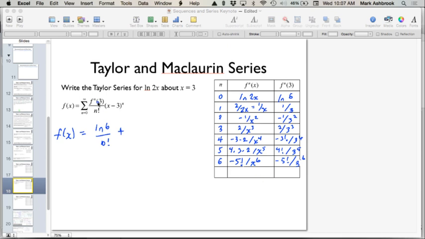It's going to be 1/3 over 1 factorial times x minus 3. Keep going like this. Next one's going to be minus 1/9, or 1 over 3 squared over 2 factorial times x minus 3 squared. Is that right?